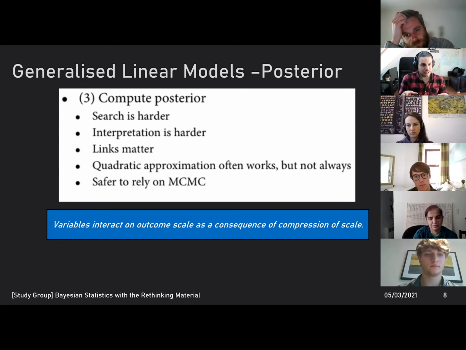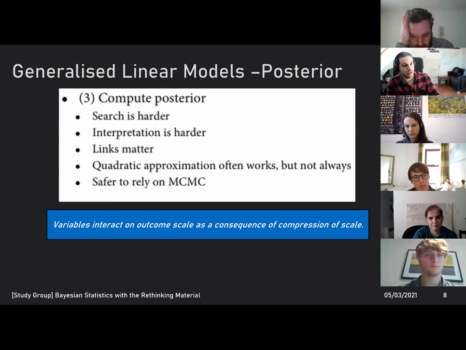What also stems from this is that variables interact with one another in what they mean in terms of slopiness for their parameters as a consequence of compressing scales. Compressing scales happens through link functions and choosing different likelihoods.